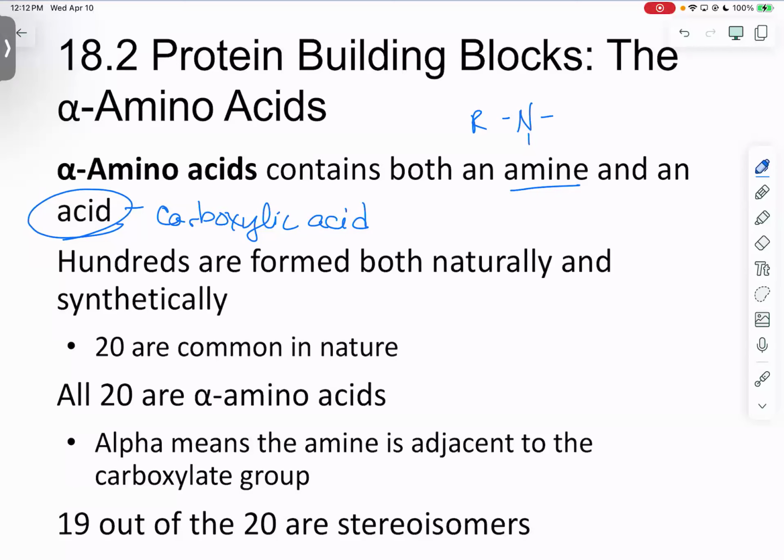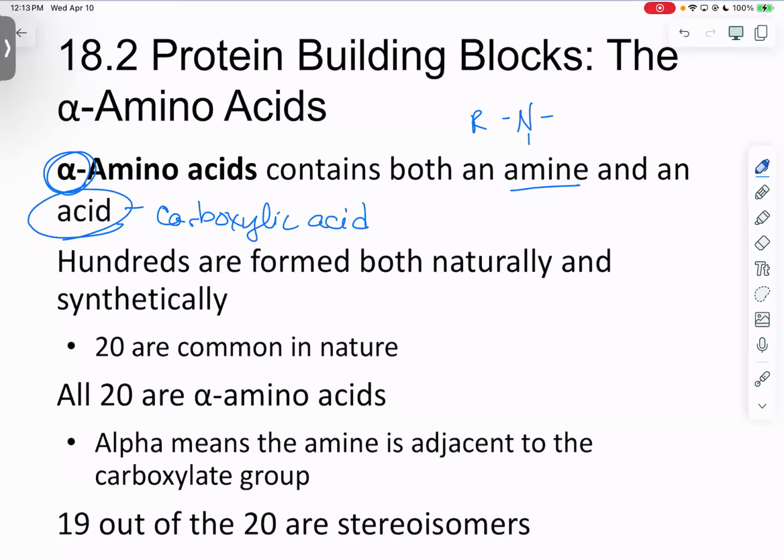We're going to talk about why we call them alpha amino acids in just a minute when we look at the structure. You can actually find way more than 20 of the known amino acids, both in nature and we can make them in the lab. So we say that there are 20, but that's a lie.